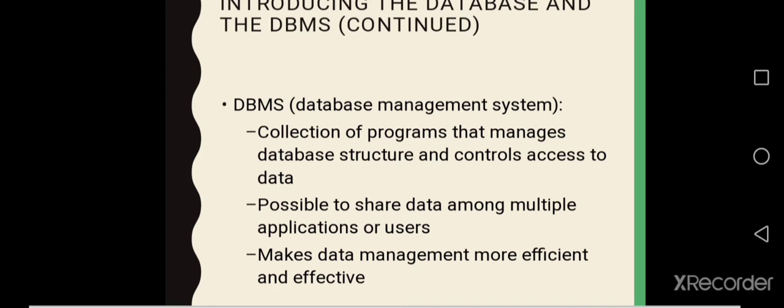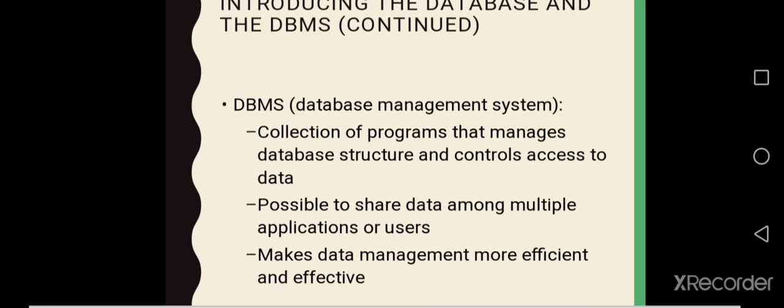A database management system is a collection of programs that manages the database structure and controls access to data. It is possible to share data among multiple applications or users.